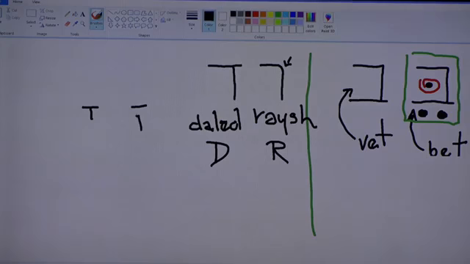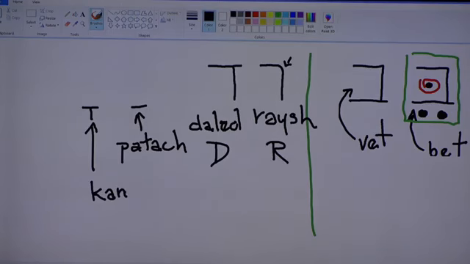This one is called, this is a Klingon vowel. It's called the patach. And this one is called a kamatz. And they both make an ah sound.